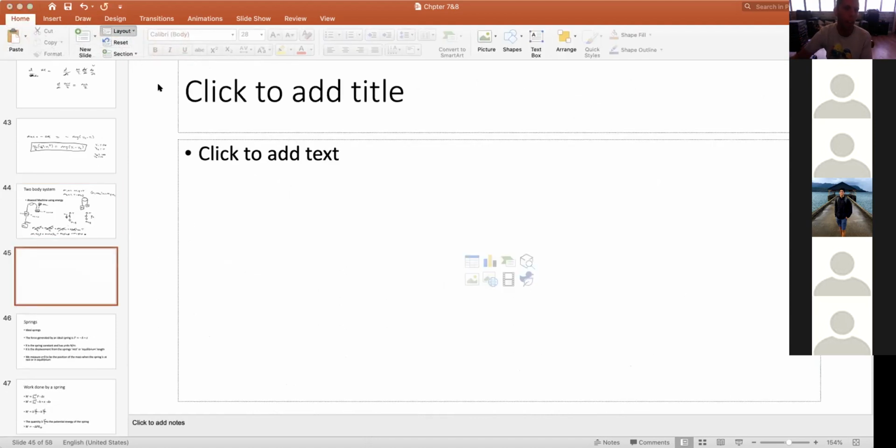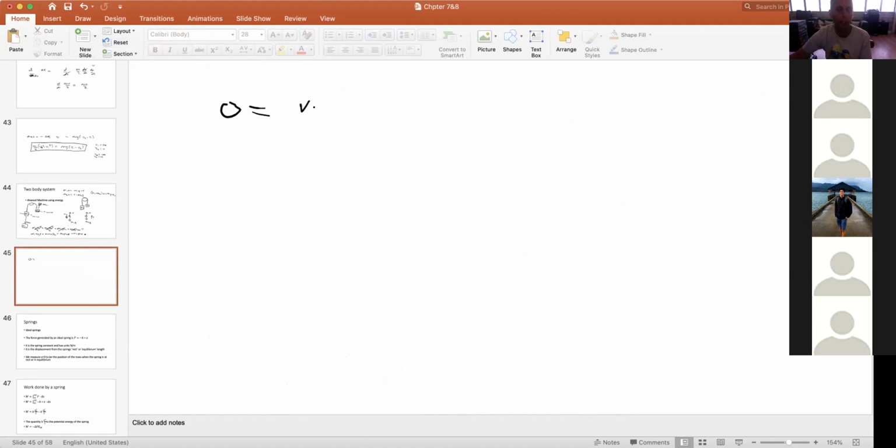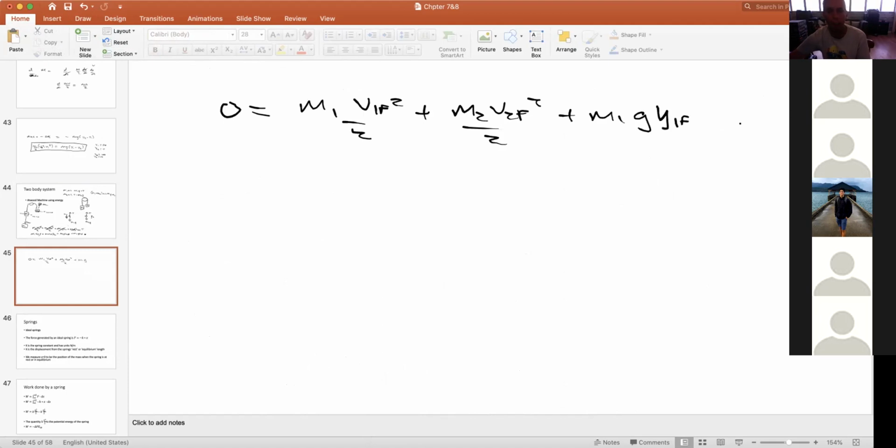Now, I'm going to have 0 is equal to M1 V1 final squared over 2 plus M2 V2 final squared over 2 plus M1 G Y1 final plus M2 G Y2 final. Now, I know that these are both 10, right? And minus 10.